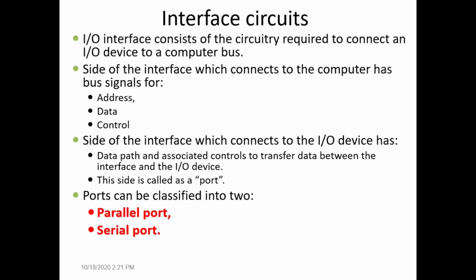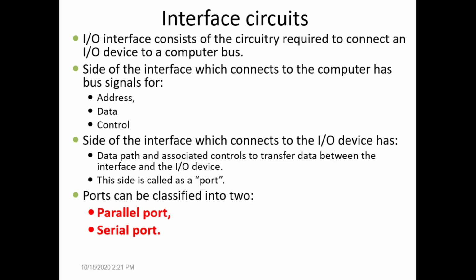Even different input-output devices work on different formats of data. A mouse, a keyboard, or a printer: the data processed inside those devices will be in different formats. The data you send to a mouse must be in a different format compared to the data we receive from the keyboard.